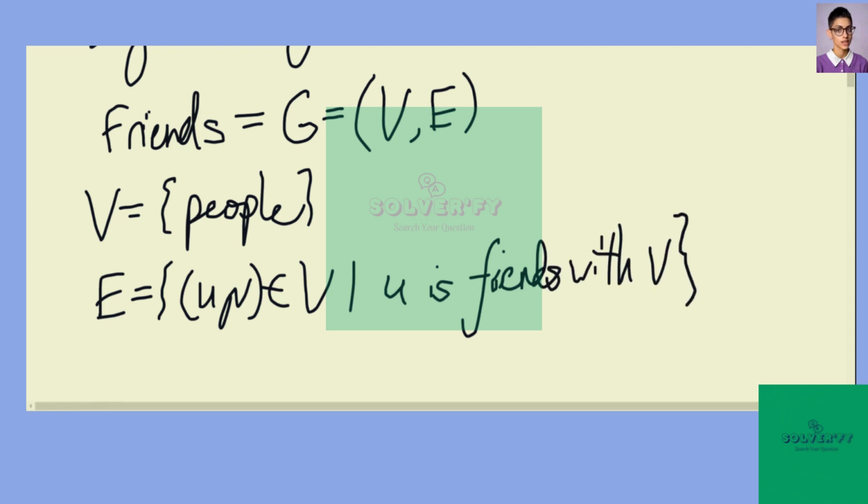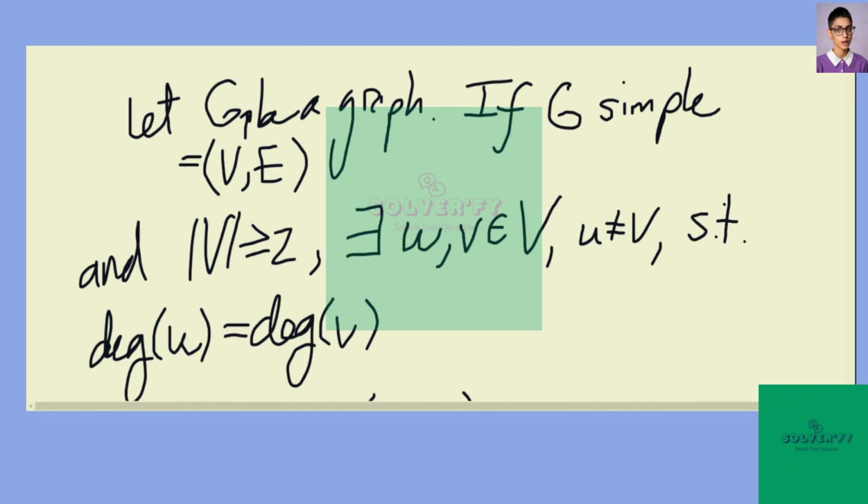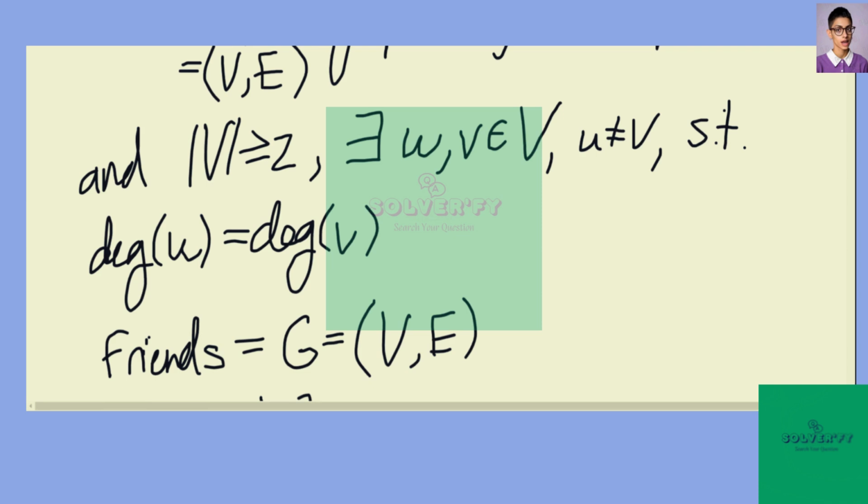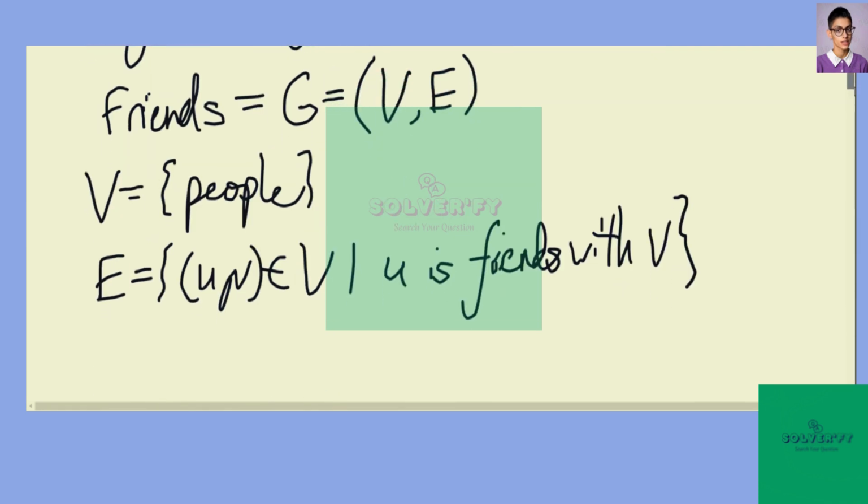In order to use the previous theorem, we need to establish that it satisfies the criteria. So first, is our graph going to be a simple graph? Well, what do we know about this graph?